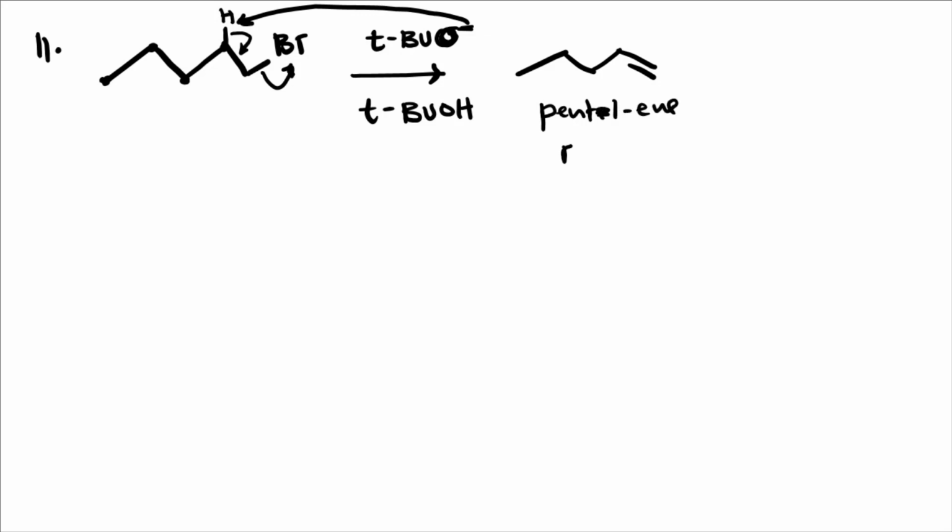This will be the major product, and it will occur by an E2 reaction. There's another product that is going to be formed when an SN2 reaction occurs. So an SN2 reaction can also occur, but the SN2 reaction will result in a minor product.